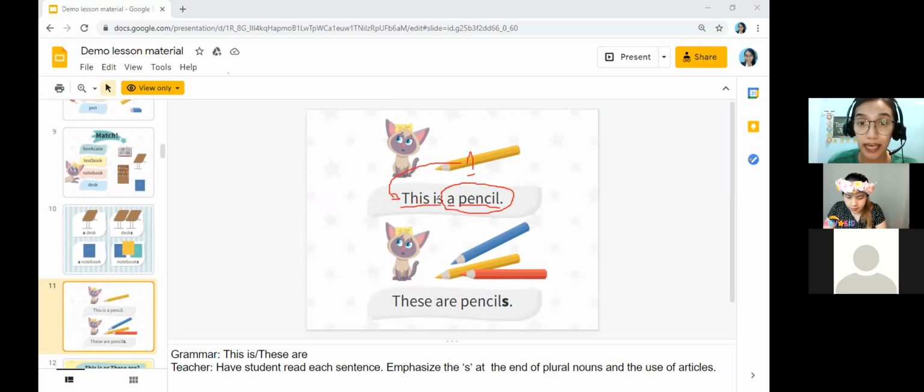This is a pencil. This is a pencil. Very good. Ina.